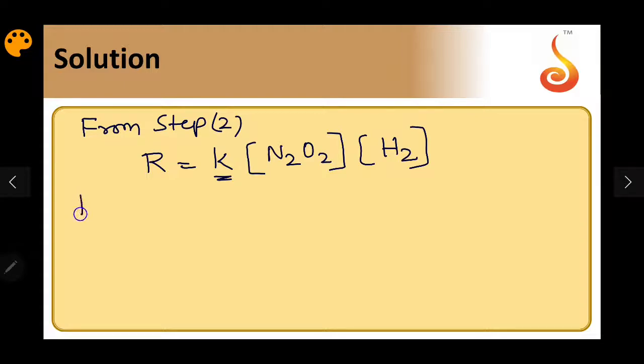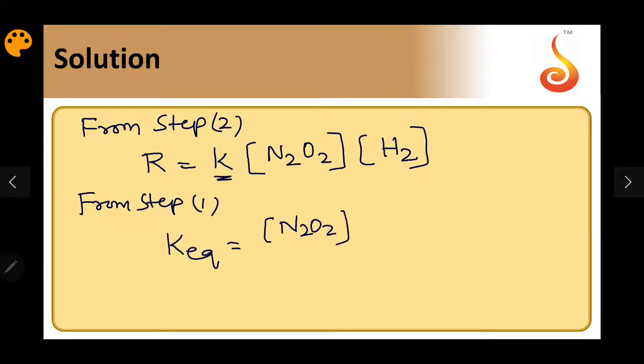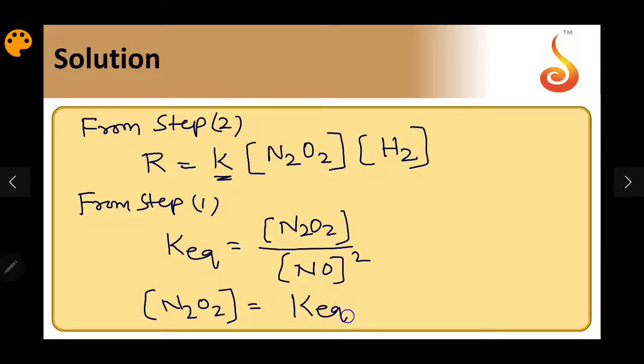So from step 1, which is an equilibrium, K equilibrium is equal to N2O2 divided by NO whole square. So N2O2 concentration is equal to K equilibrium into concentration of NO to the power 2.